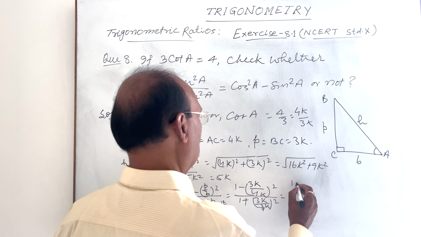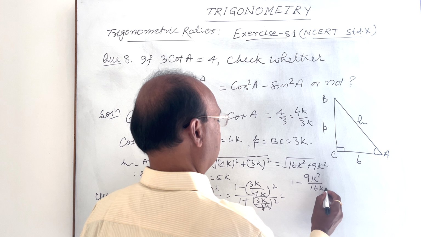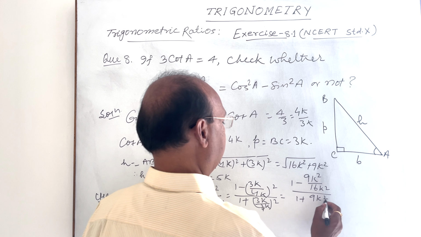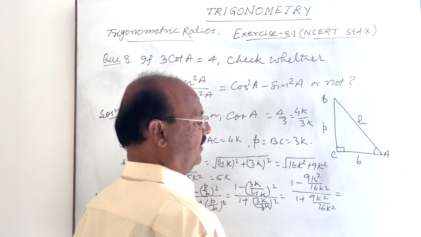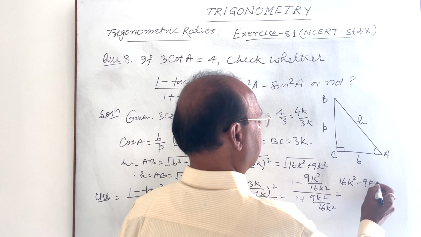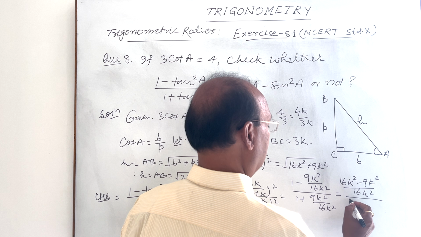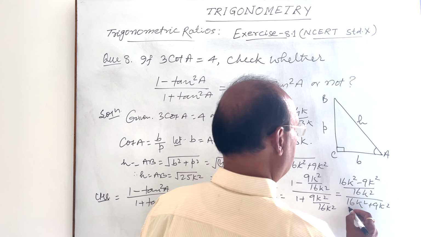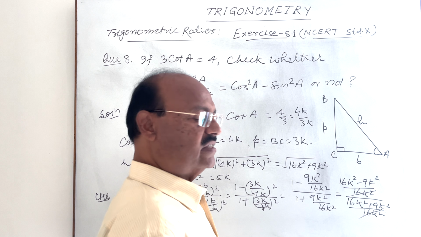This is equal to 1 minus 9K square by 16K square, and here in the denominator 1 plus 9K square upon 16K square. Let us simplify it. Here in the numerator, this is (16K square minus 9K square) by 16K square, and here (16K square plus 9K square) by 16K square. Here 16K square will cancel out.